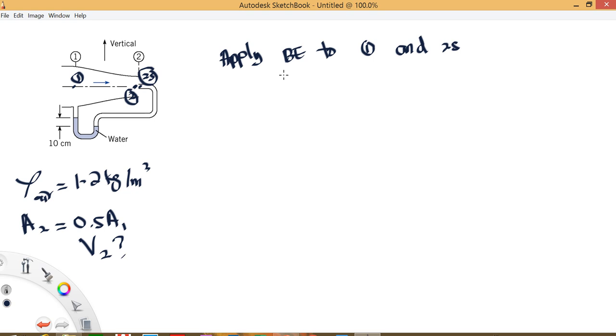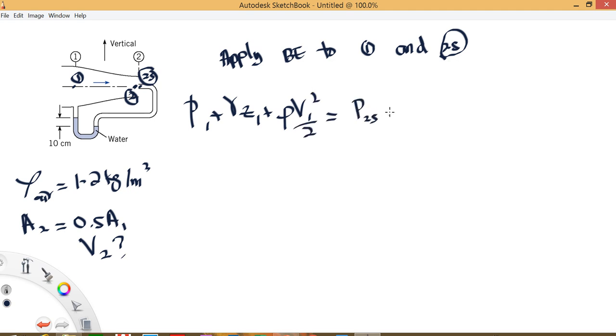So P1 plus gamma Z1 plus rho V1 square over 2 equals P2s plus gamma Z2s plus rho V2s square over 2.